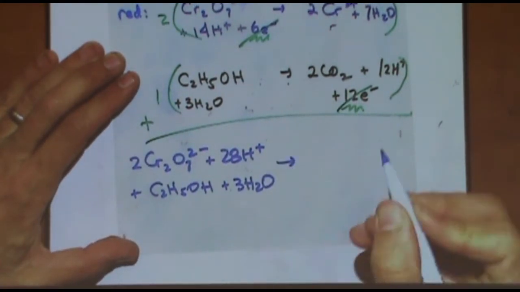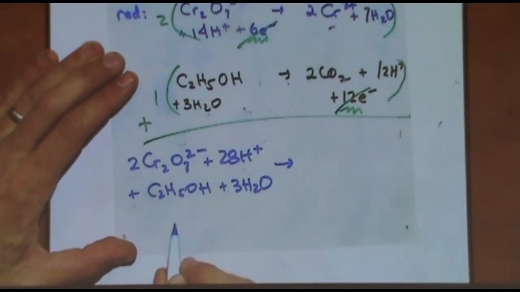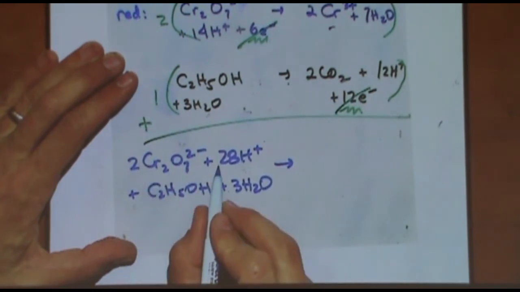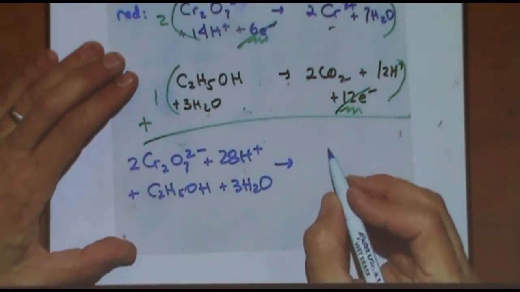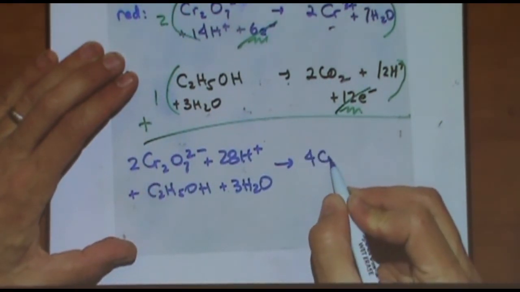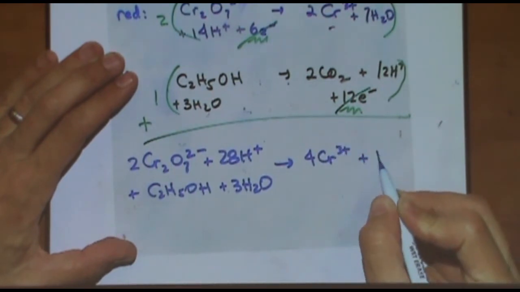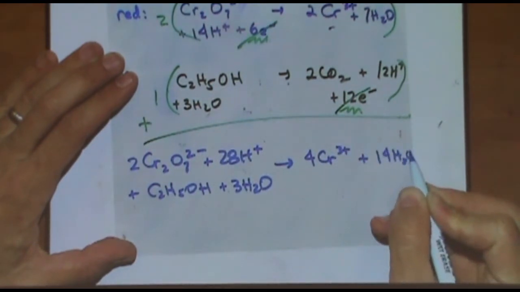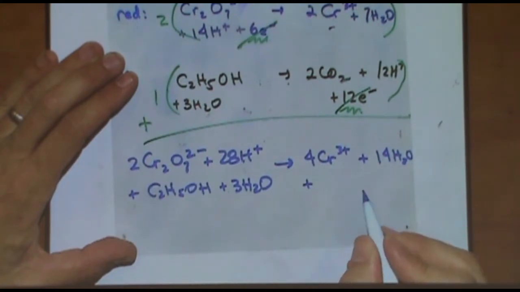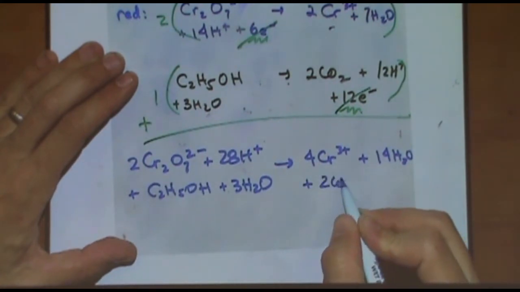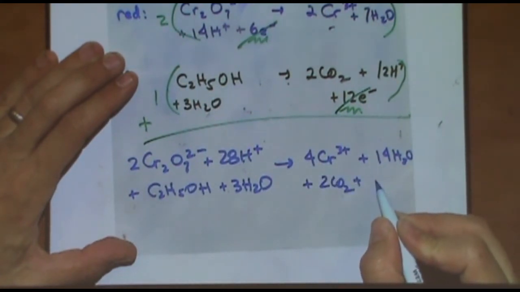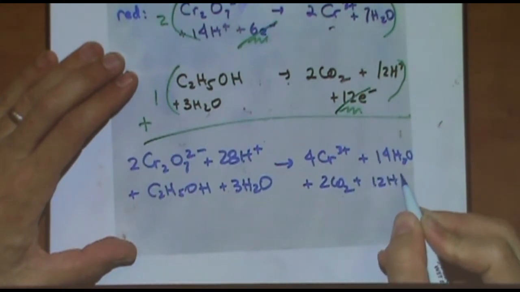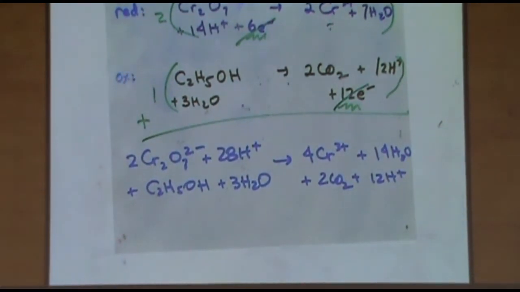Okay, that goes to, let's see, did I multiply by 2 on everything? 2, okay. Yeah. And then 4 Cr3 plus, 14 H2O plus 2 CO2 plus 12 H plus. Okay, I think that's everything.